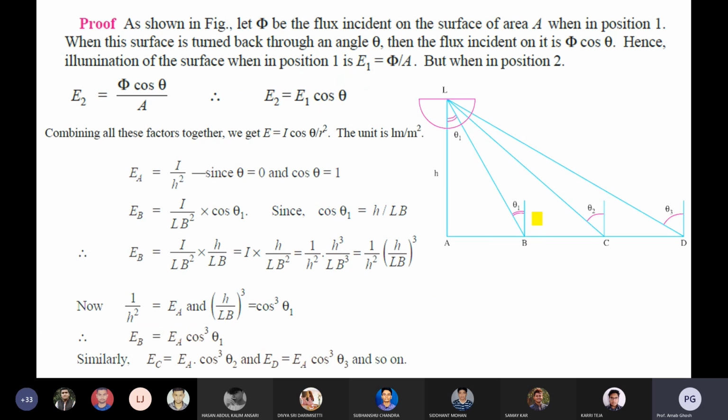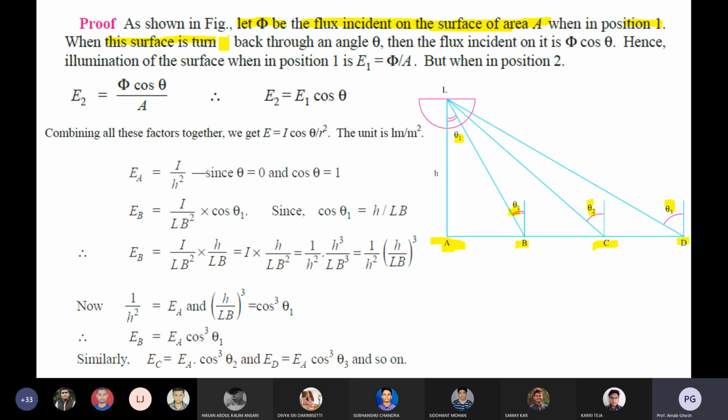So what will be the formula? Here there are different positions A, B, C, D. Four positions are there and the angles are changing: theta 1, theta 2, theta 3. Let phi be the flux incident on the surface of area A in position 1.